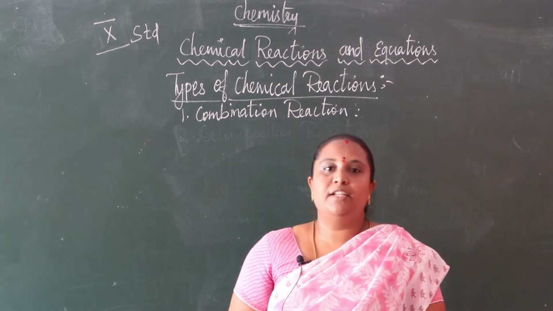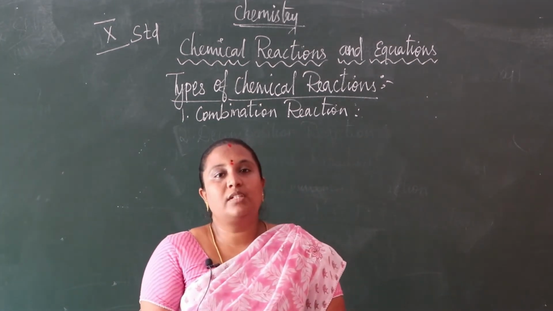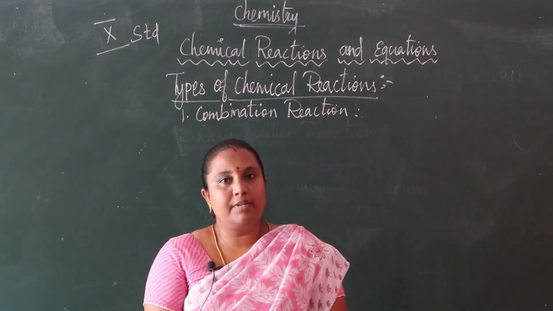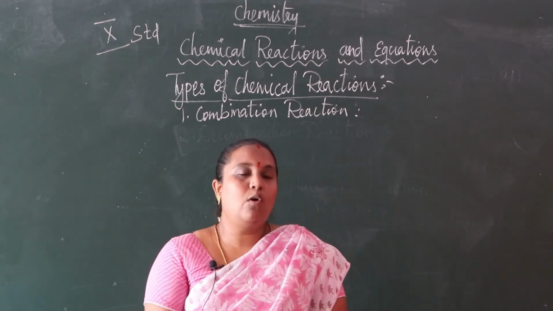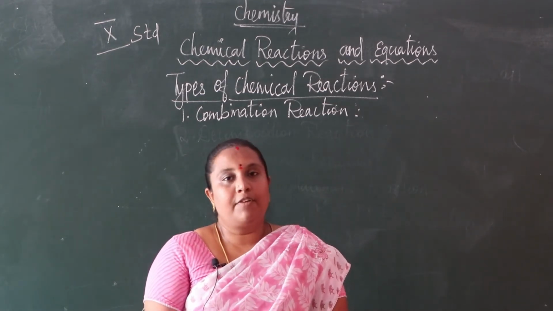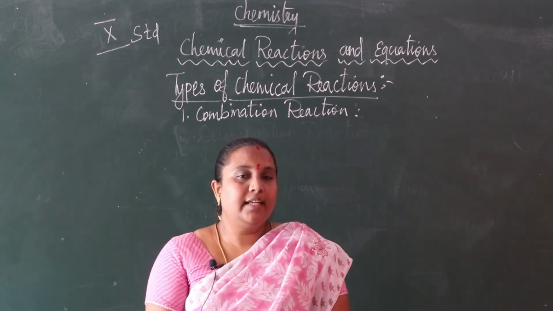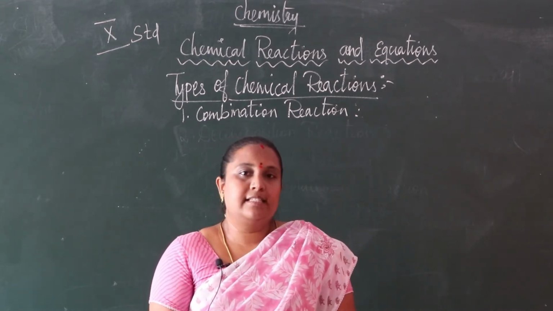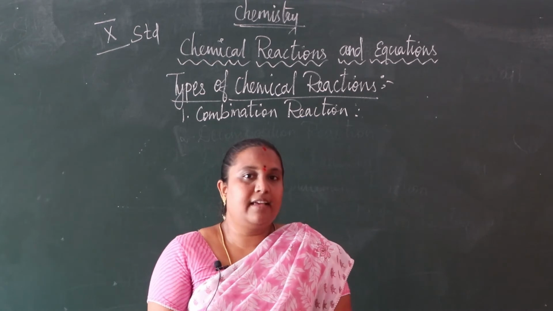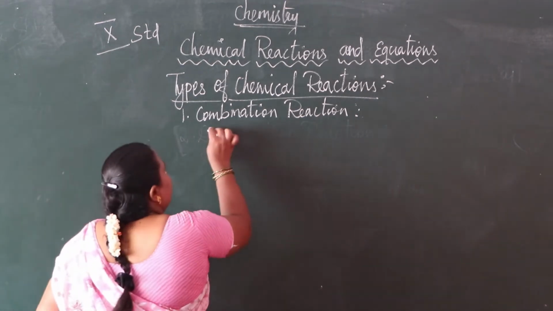See, that is combination reaction. I told you what combination means, combining. Combination of two or more elements, from that reaction we get a single product, and that is said to be a combination reaction.